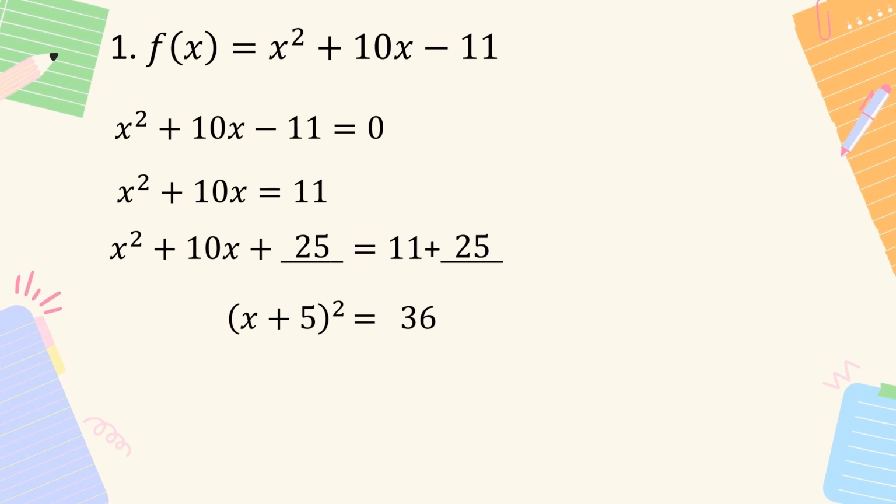Our next step is to extract the square roots of both sides. So we get the square root of the square of the sum of x and 5, and the square root of 36.